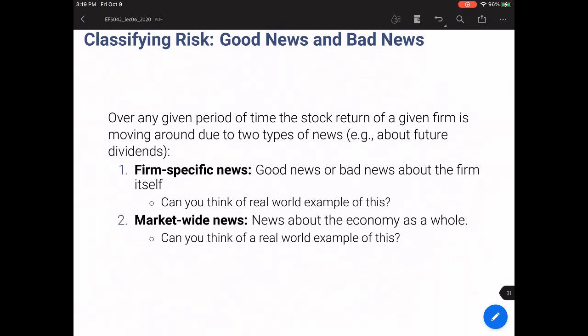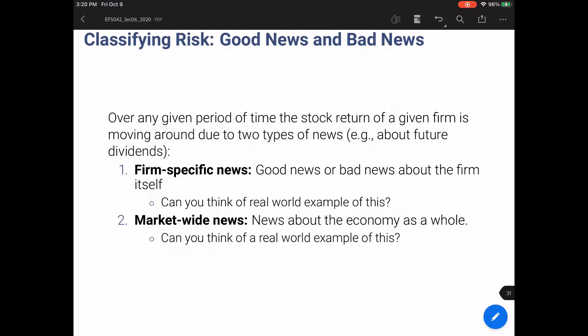All right, so what we typically like to characterize as diversifiable risk is risk that's only specific to one particular firm. You can think about things like an earnings announcement, where the firm announces profitability over a certain period. That's specific to that firm only, and it may or may not be correlated with other firms.